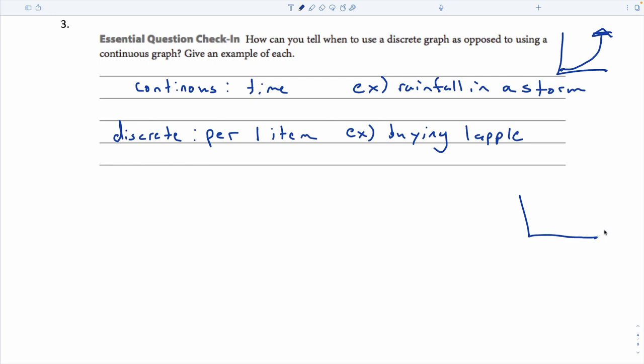So you could look at the number of shots that you take. You can't score half a point. So number of shots in a game and the amount scored. You could have one shot, you score 2 points. 2 shots, you score 4 points. Like that. That could be discrete. I like that one.